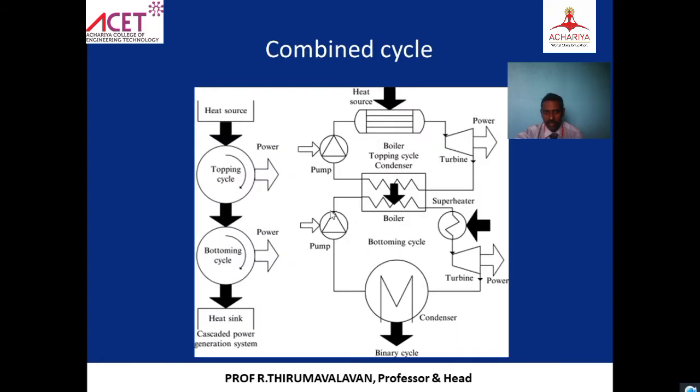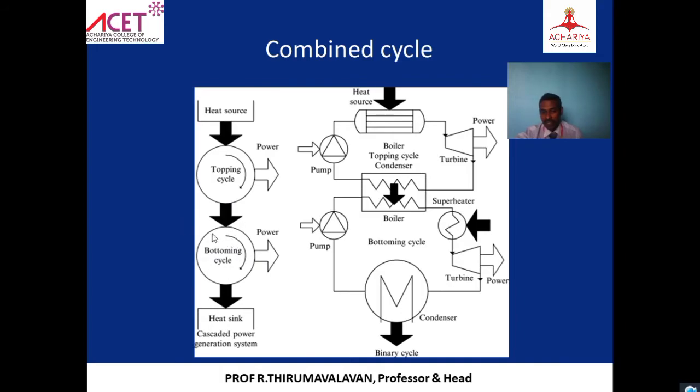If you see this one, this is how the combined cycle works, bottoming cycle and topping cycle. The heat source is there, right? Heat source comes to the top cycle and performs some work. The exhaust of the top cycle, the steam or vapor which is coming out of the top cycle, is used here to perform work in another cycle.